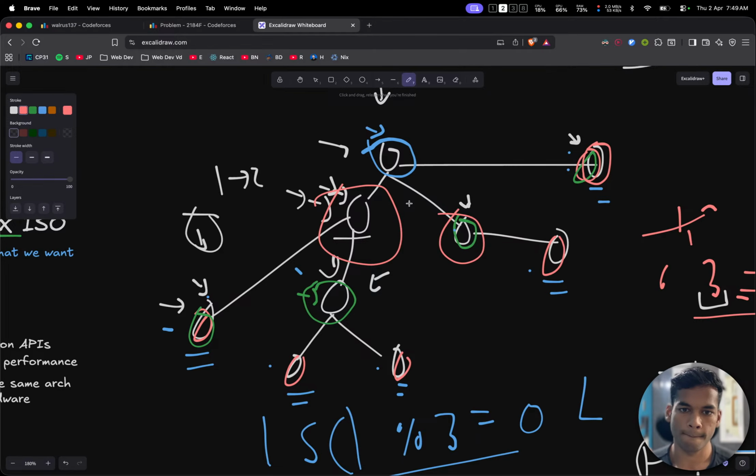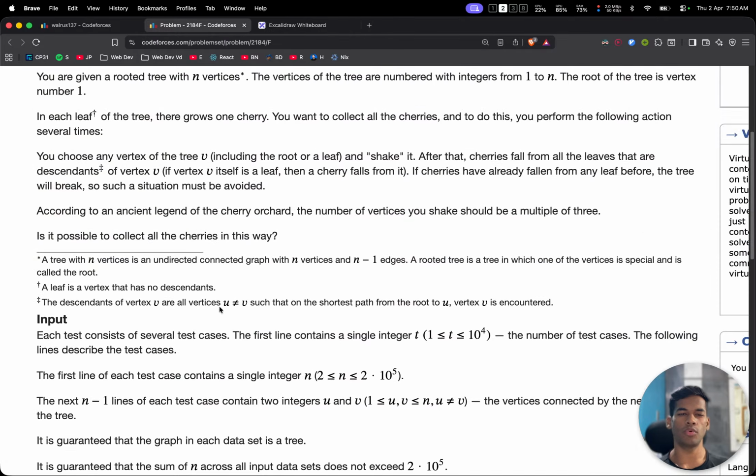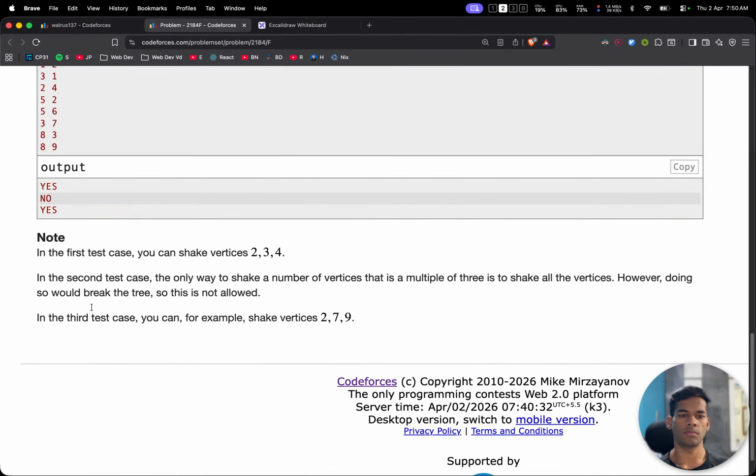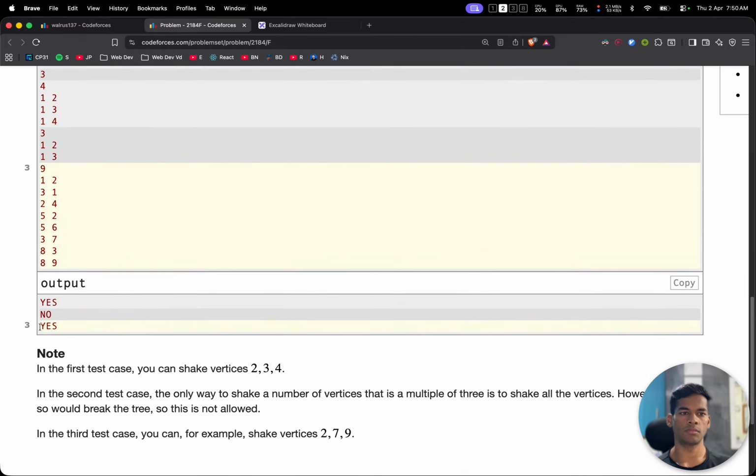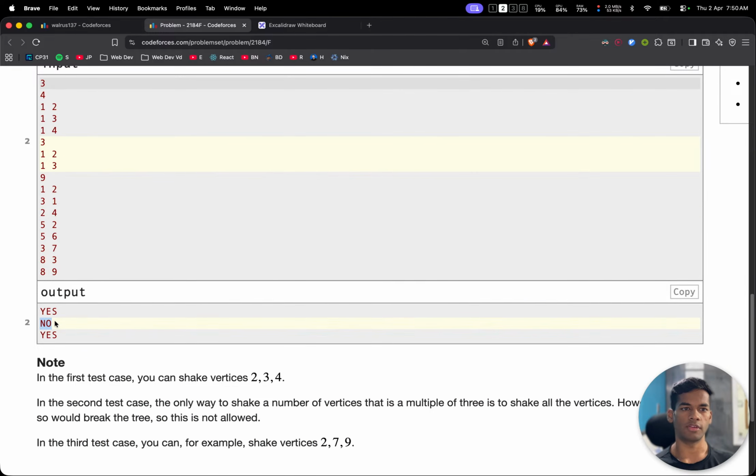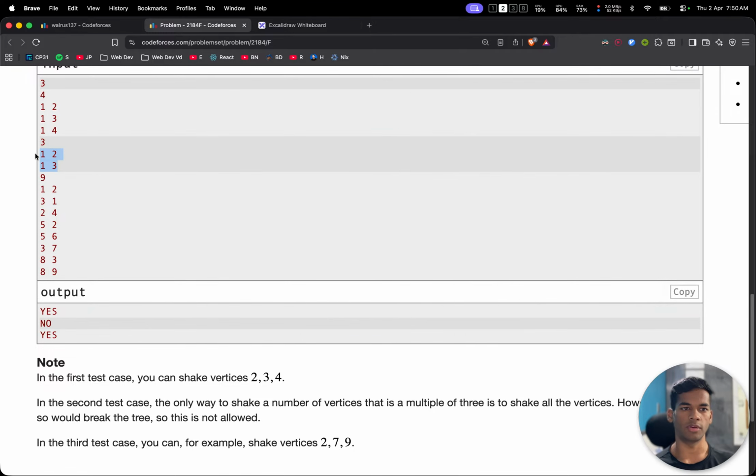Okay. And it is easier to go from top to bottom. Can we brute force something? No, the answer is no in this particular case.